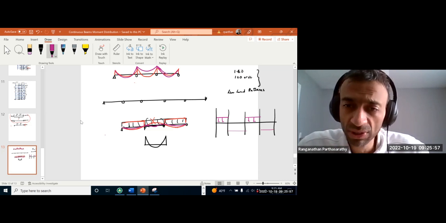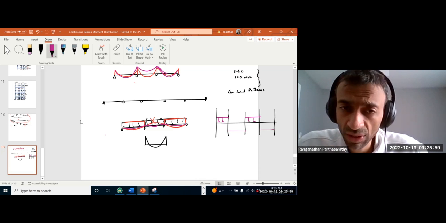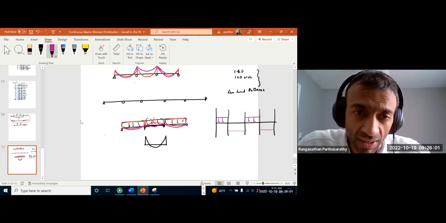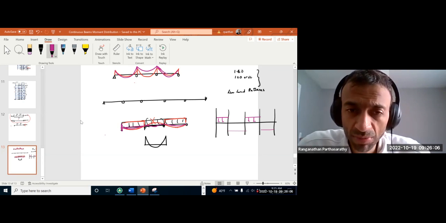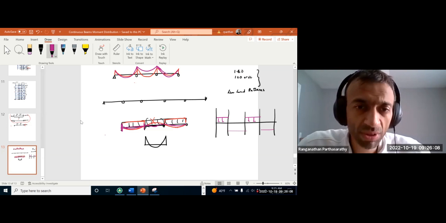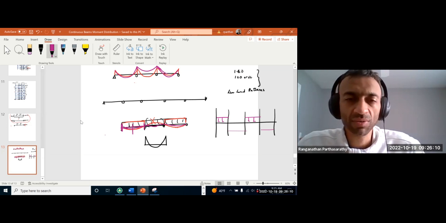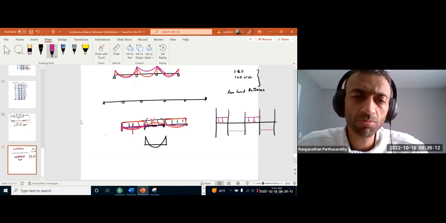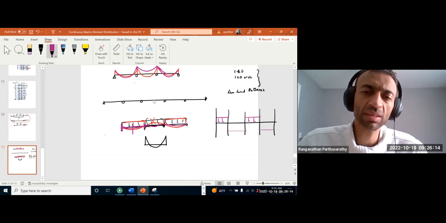Then we have to check all the possibilities before we know for each span which one is giving the maximum negative moments at the supports and maximum positive moment at mid span. We don't know beforehand before checking all the load patterns.